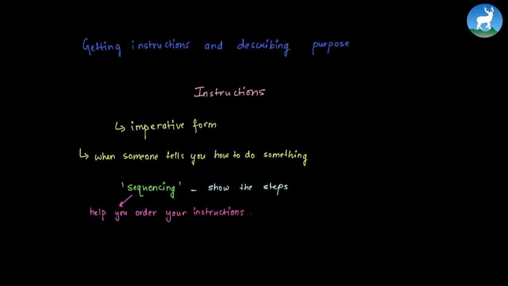It's like the 1, 2, 3, 4 of your instructions, the counts of your instructions. The examples of sequencing words are firstly, secondly, after that, then. Notice that these words usually show the sequence of your instructions of anything that you do.